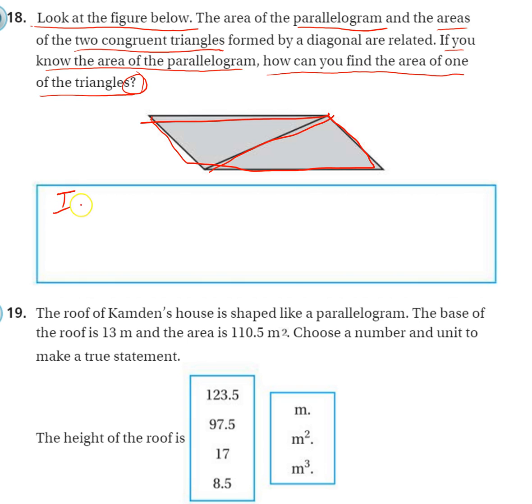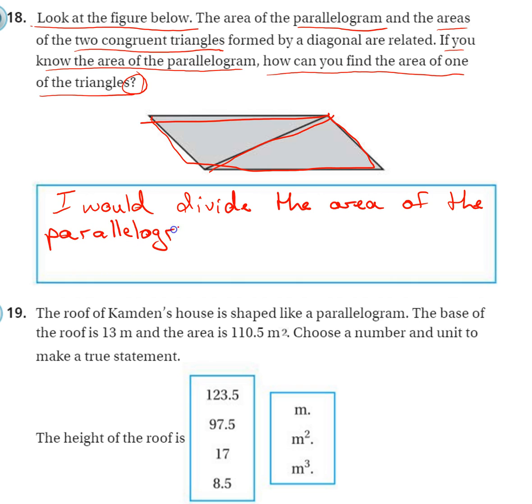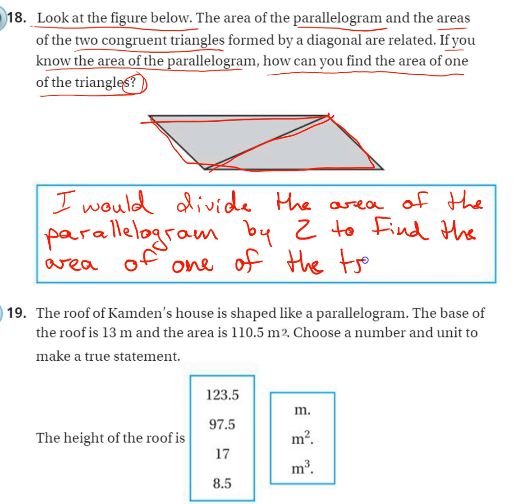So I would divide the area of the parallelogram by 2 to find the area of one of the triangles.